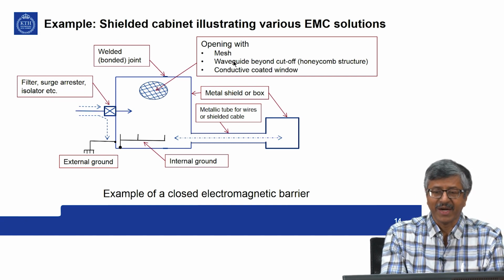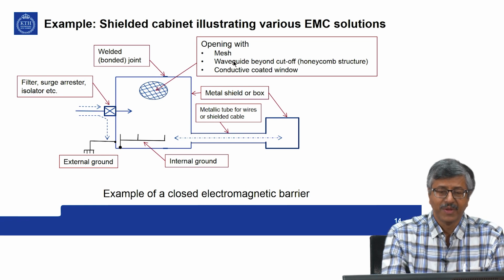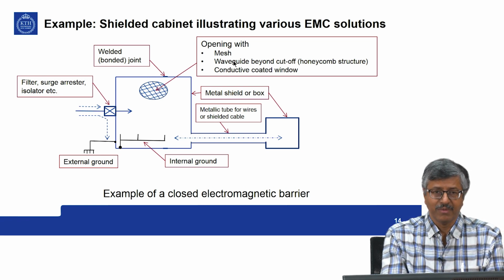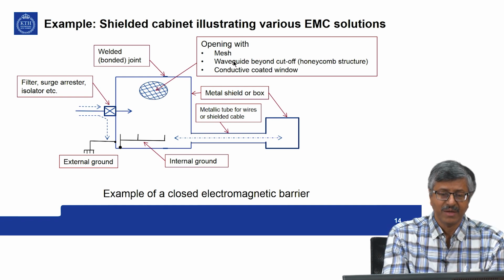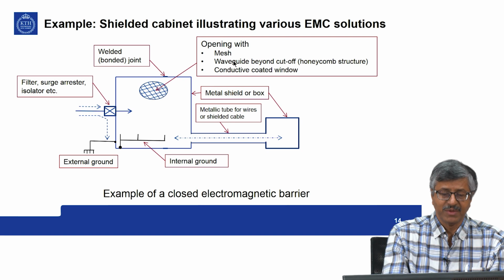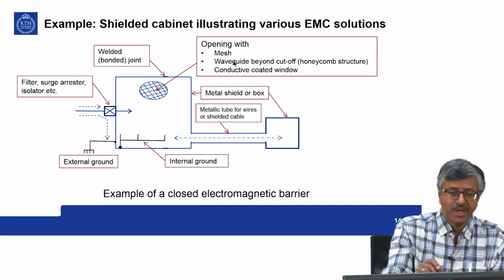You can even have conductive coated windows if you need to have light and if you want to observe things outside. Then welded joints.